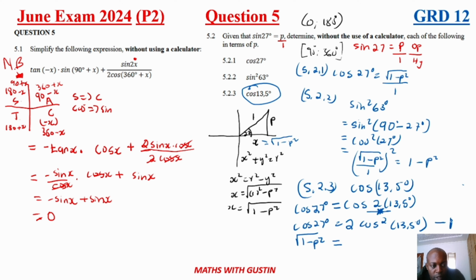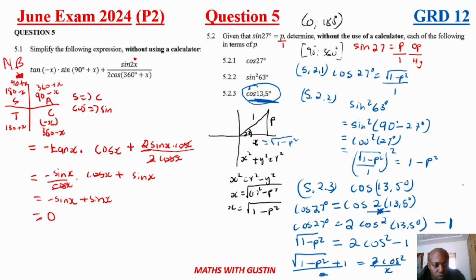I forgot a minus 1 here. Then in this case we need to simplify and look for cos, because the question asks us to find this here. So we're going to take 1 to the other side. Simple algebra: plus 1, 2 cos squared, and therefore divide by 2.